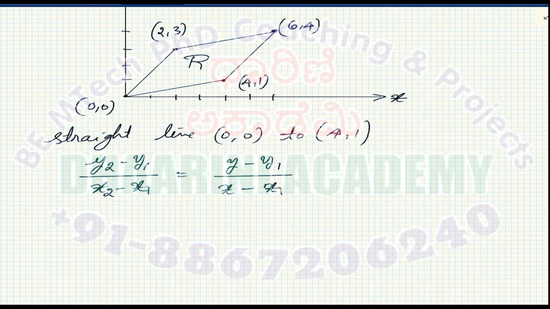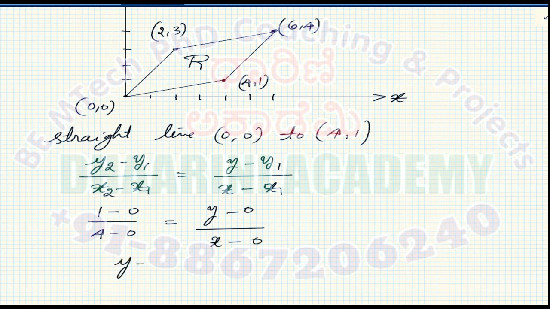Okay, we will substitute into this. y2 is 1, so I write 1 minus 0 divided by x2, which is 4, 4 minus 0, is equal to (y minus 0) by (x minus 0).